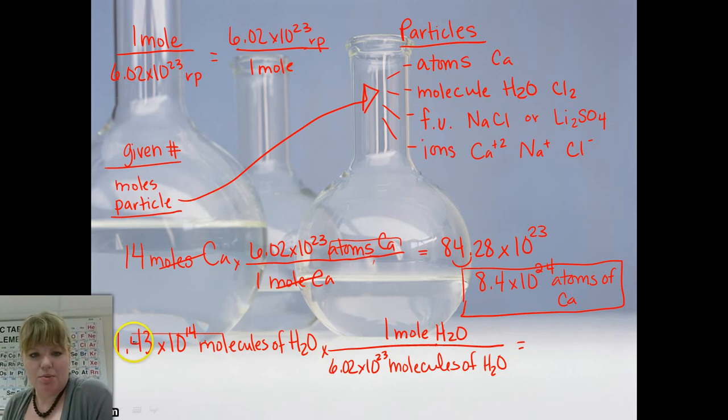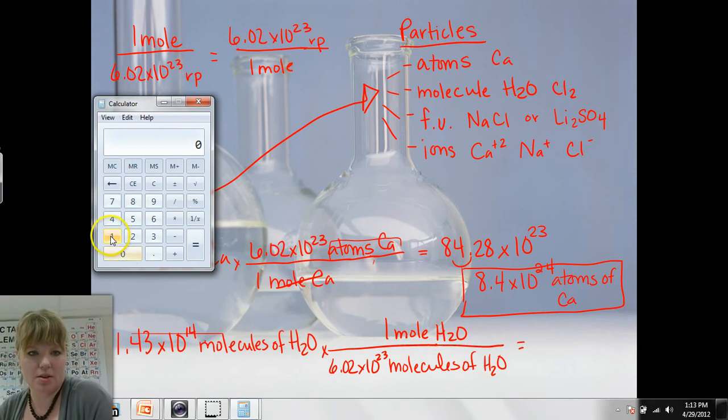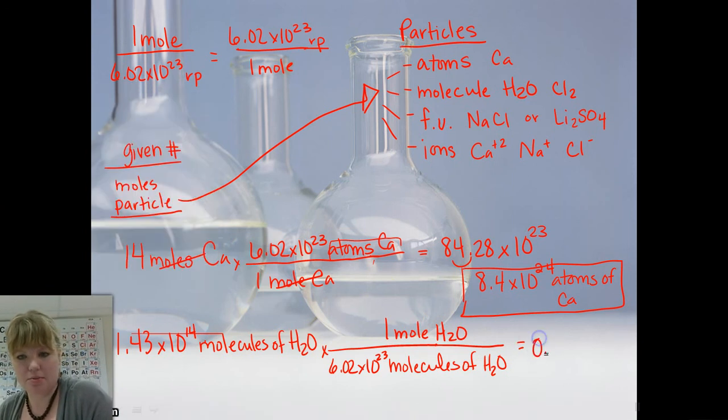And so now we're just going to take 1.43 and we are going to divide that by 6.02. Okay? And we're going to get, let's bring up the calculator here, 1.43 divided by 6.02, and we're going to get 0.2375.